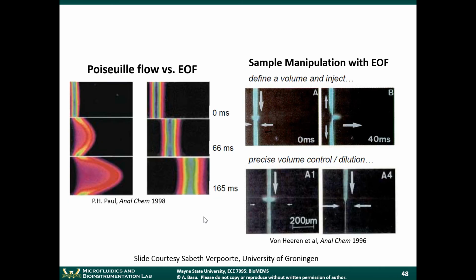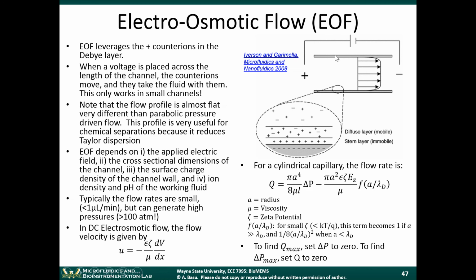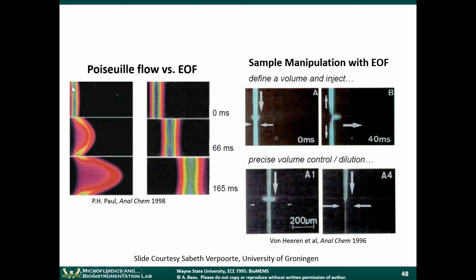These are some pictures of the different flow profiles you get from electroosmotic versus Poiseuille flow. I mentioned here that you get the square profile with electroosmotic flow. This is very unique, because with Poiseuille flow, remember the pressure-driven flow, it was a parabolic flow profile, right? So with parabolic flow profiles, you get dispersion.